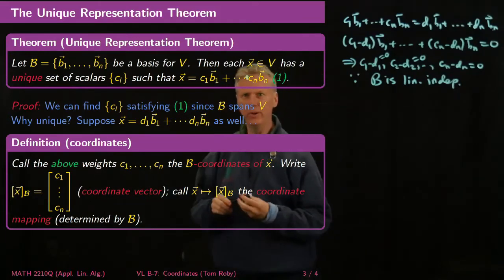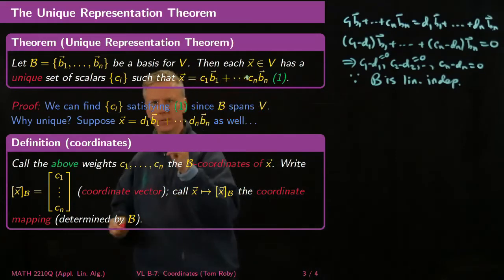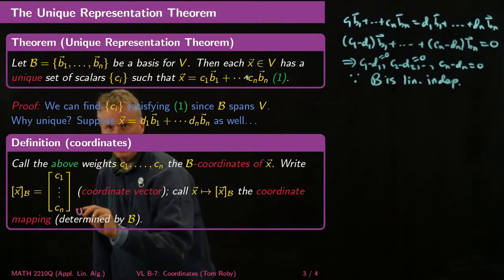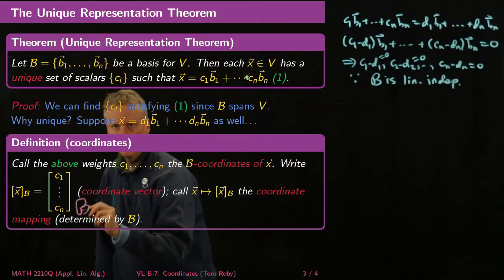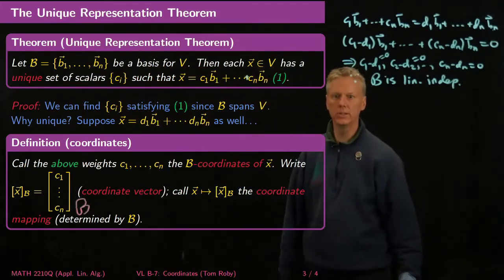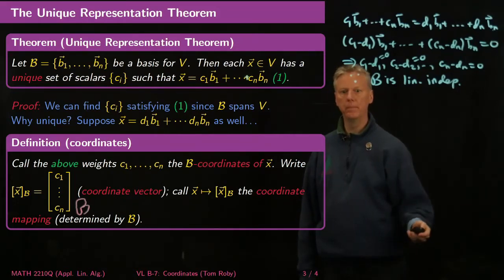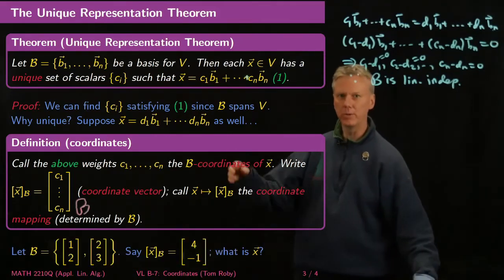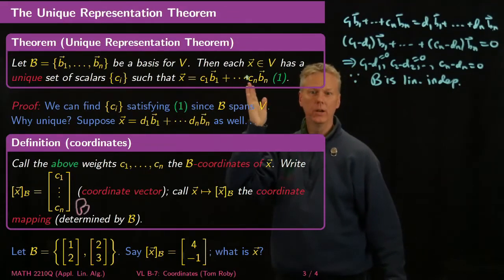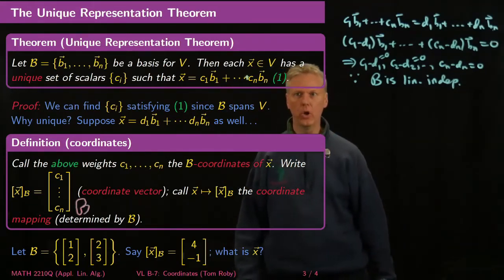Usually I would write this c1 through cn, and then put a little script B subscript next to it so that I'm clear on what my units are. This is sometimes also called the coordinates of x relative to the basis B. That's a longer-winded name for it.